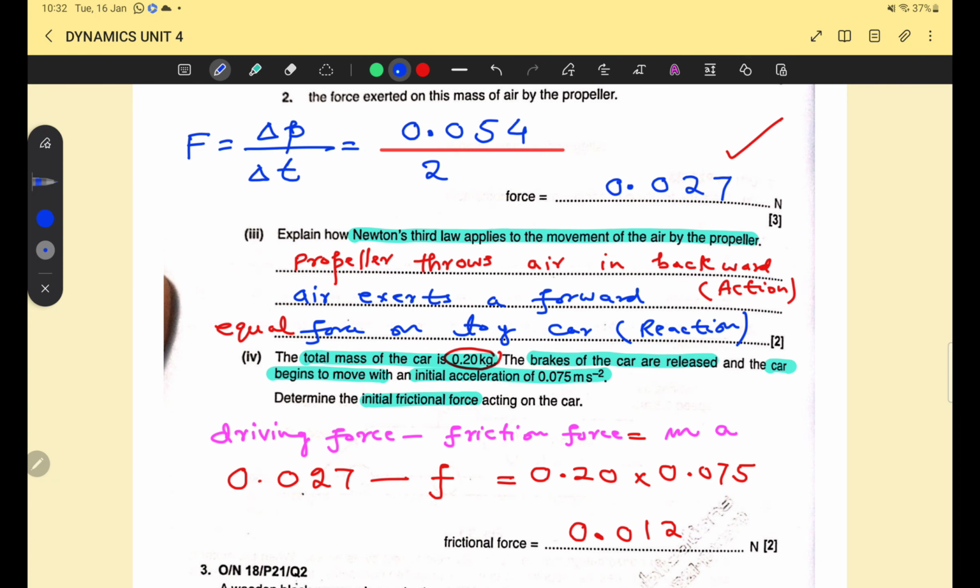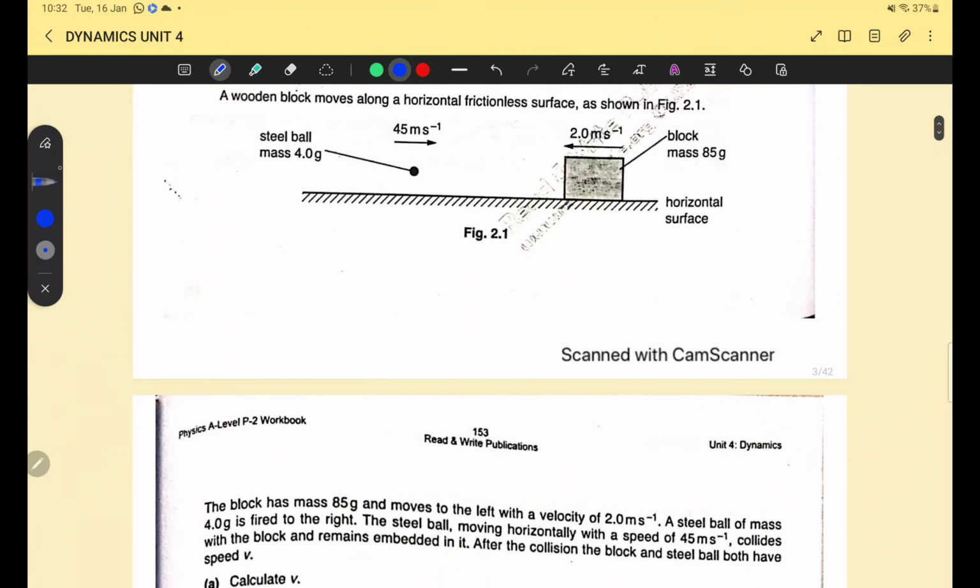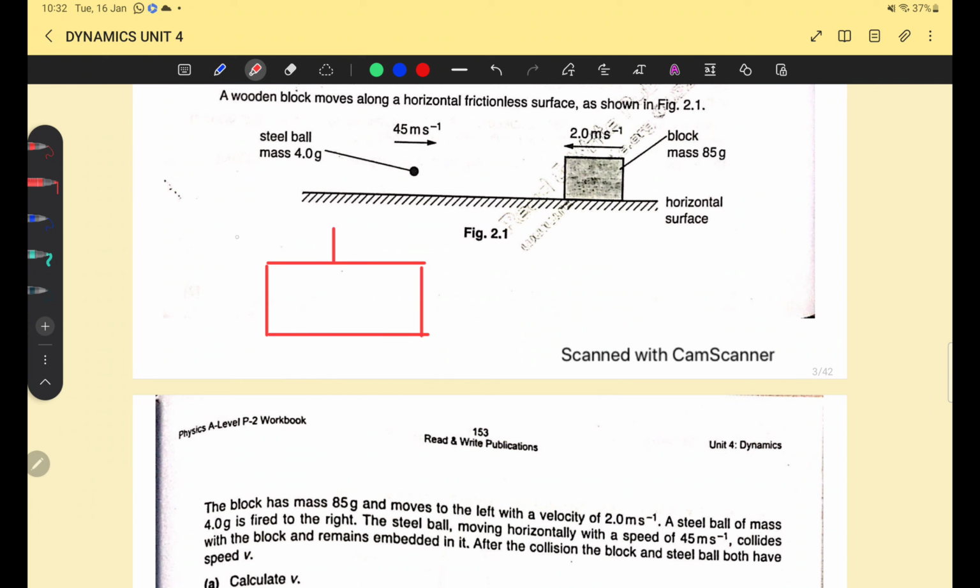Okay son, consider it is a toy car, and on this toy car there is, for example, a fan or propeller. When the propeller is working, it is throwing air backward.